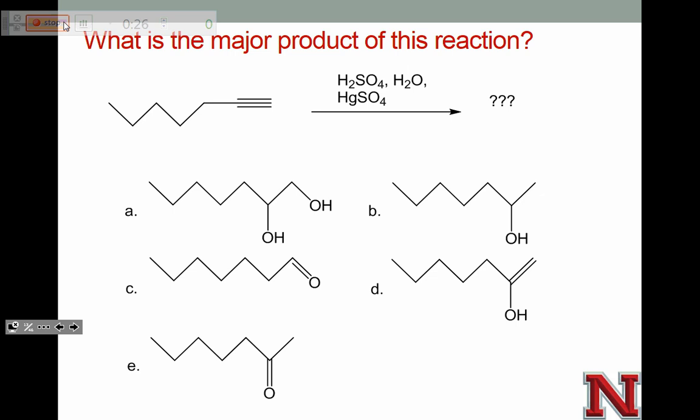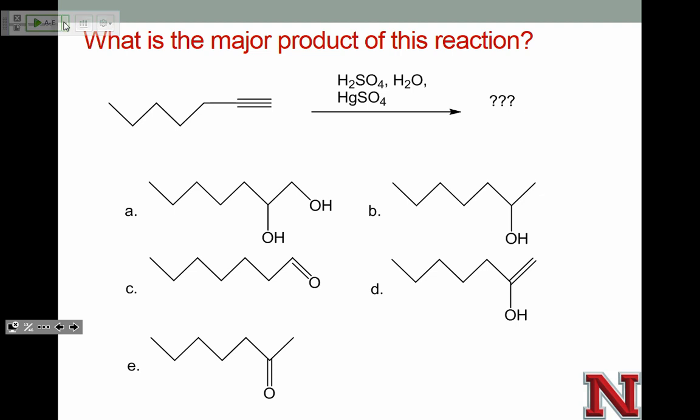This is another reagent that we've seen before. So this reagent, we're using acid and water.